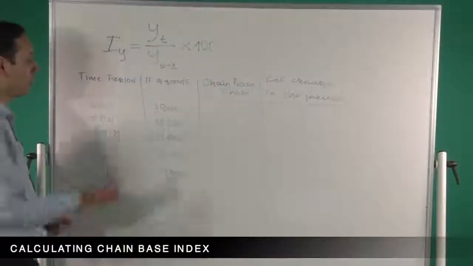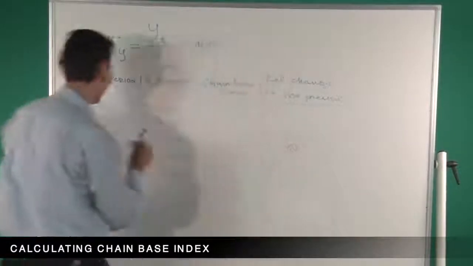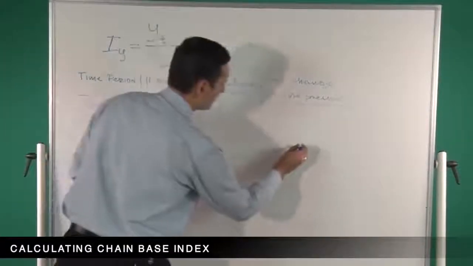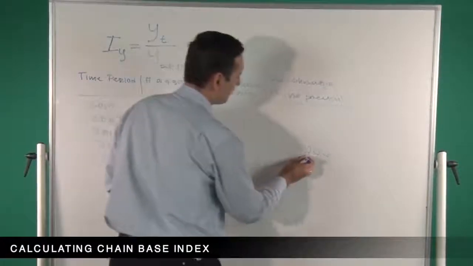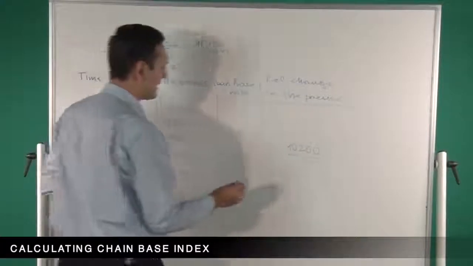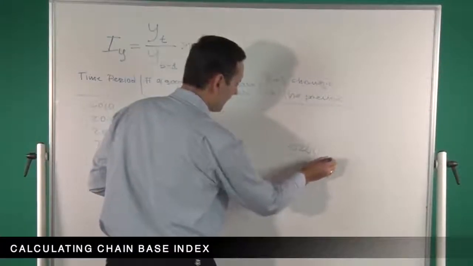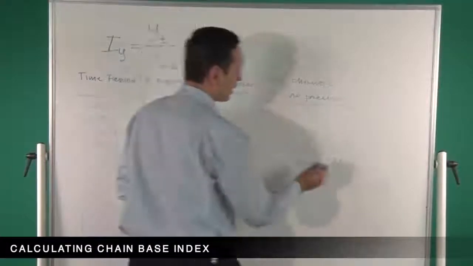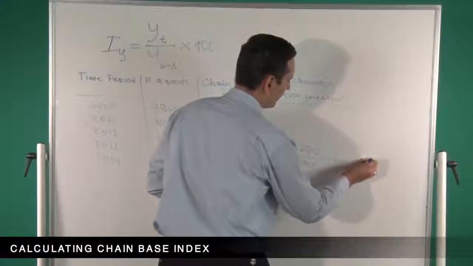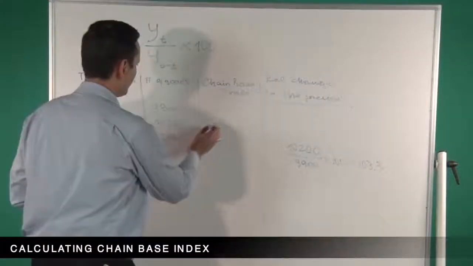In order to do so, we divide 2011's number, which is 10,200, by the previous year, which is 9,900, and multiply by 100. And our answer would be 103.3.